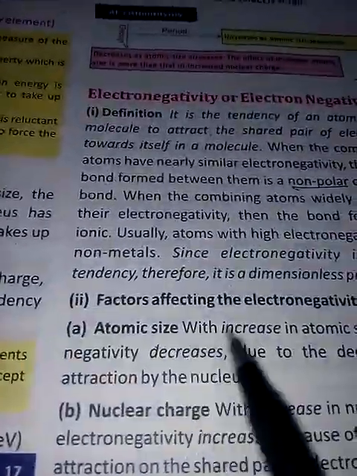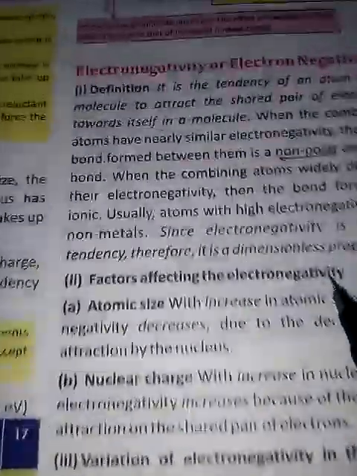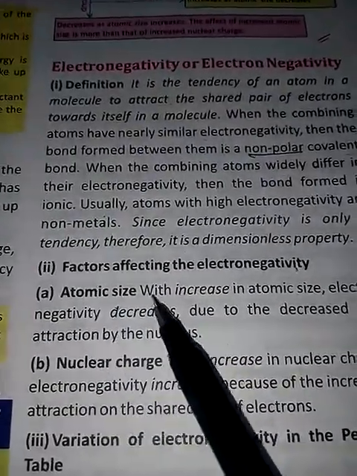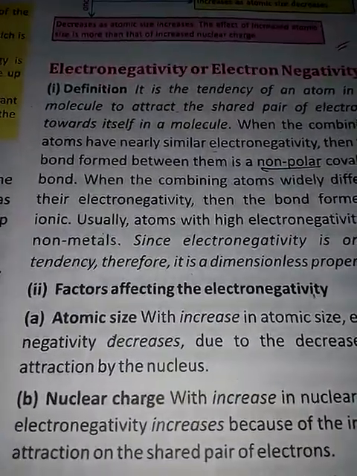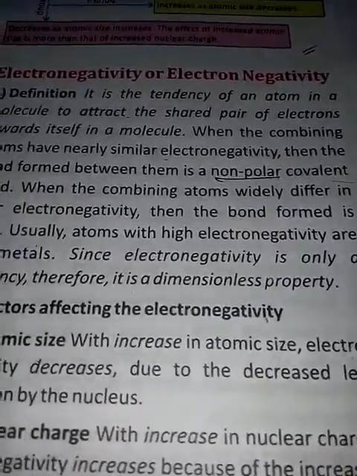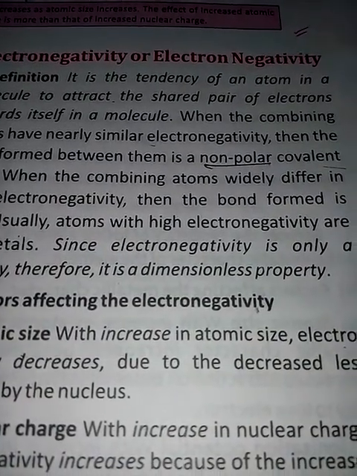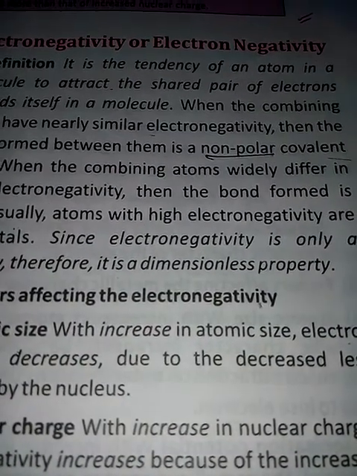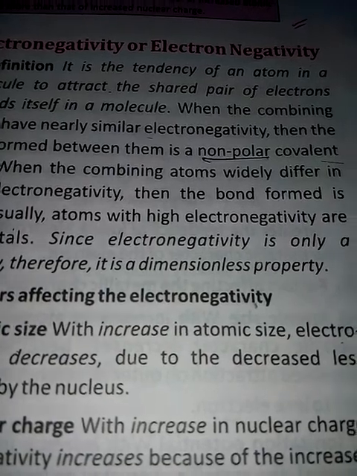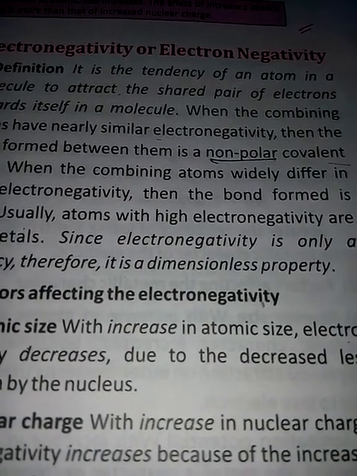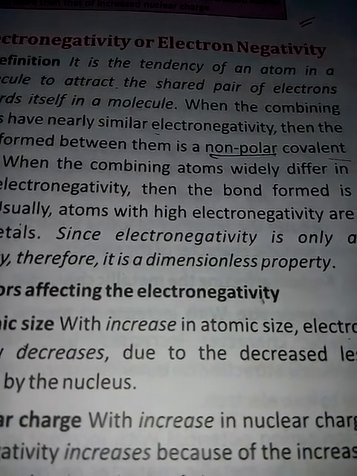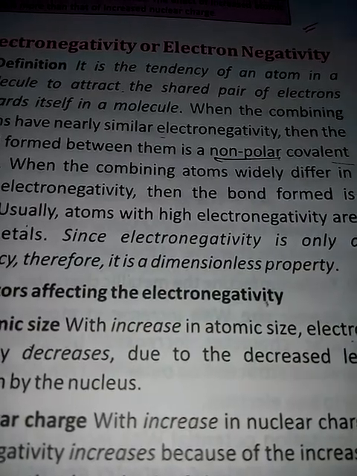Now what are the factors affecting electronegativity? Obviously the atomic size. We have already seen in the previous topics that metals have a larger atomic radius compared to non-metals, right? Metals have more atomic radius.